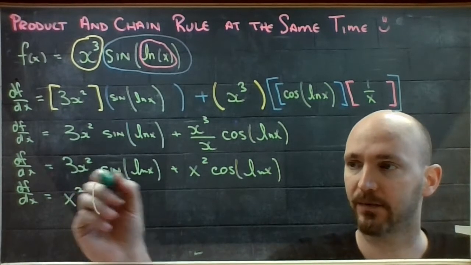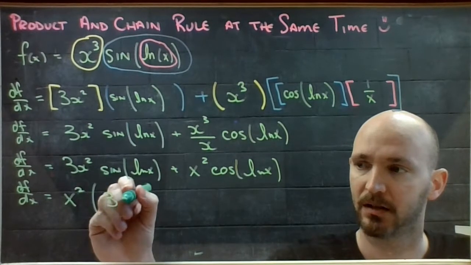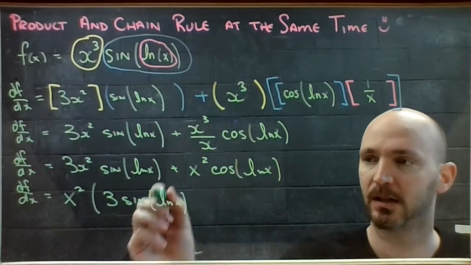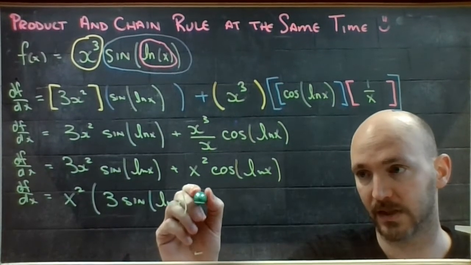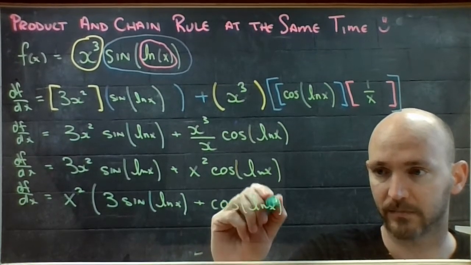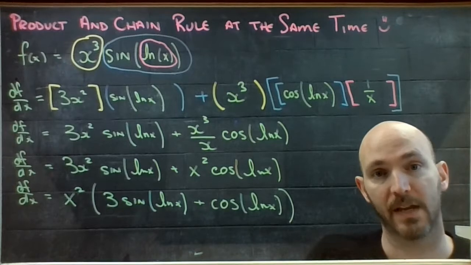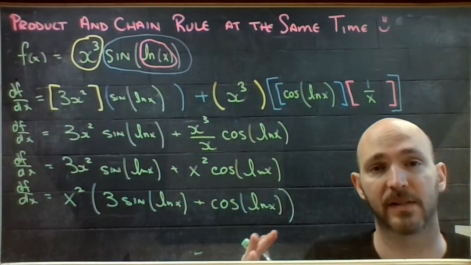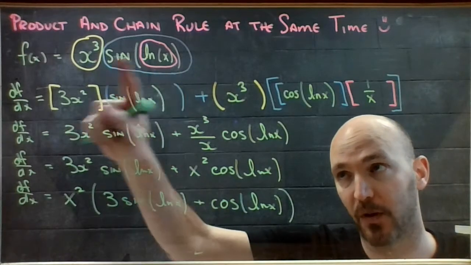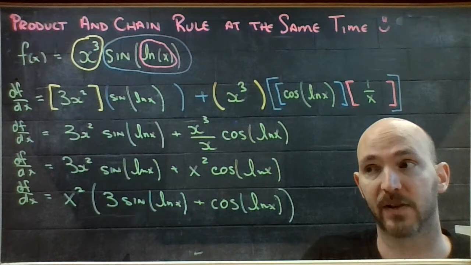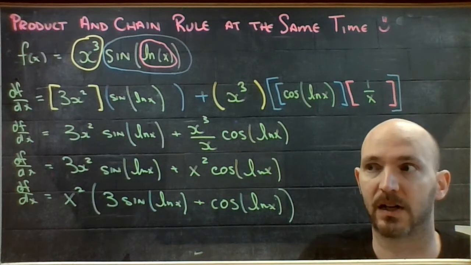So all that's left in this term would be 3 sine of ln x. And all that's left in this term is the plus cosine of ln x. So there you have it. Now again, just as a reminder, the only calculus that actually happened in this line was going from the function to the derivative. Everything after that was just a factoring exercise based on what you did in grade 9, 10, and 11.